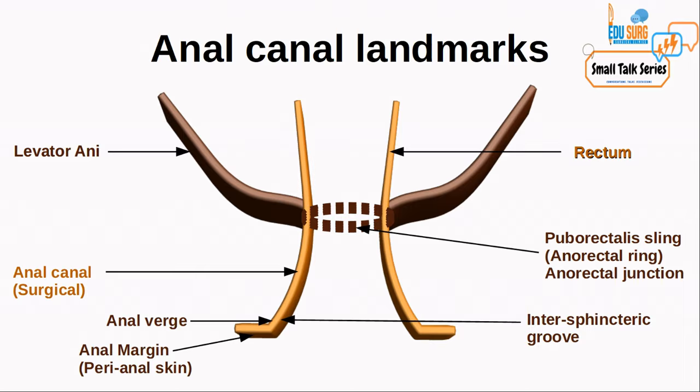Perianal skin is also known as anal margin. So this is now basically the extent of anal canal, and this is surgical anal canal from anorectal ring or puborectalis sling, which we can palpate in the rectal examination, above to the anal verge below.